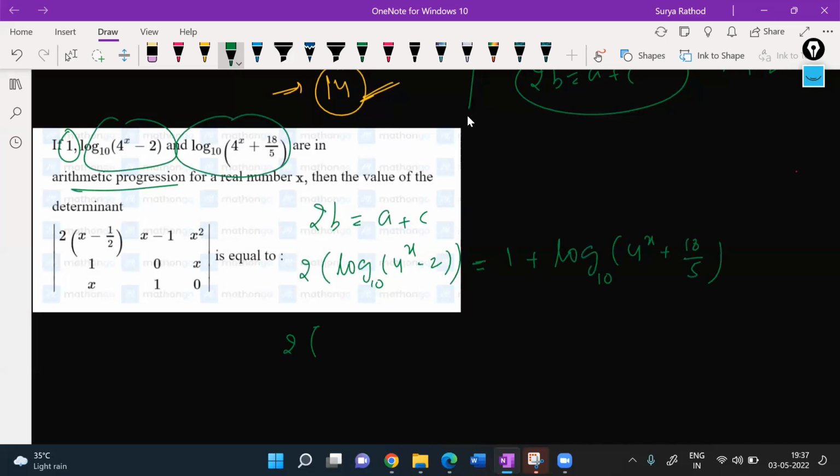So 2 times, you should know the logarithmic properties very well. Here I have log, here I have 1, so I don't have another way. Writing this 1 as log 10 base 10, of course I can do that, plus log of 4 to the power of x base 10.